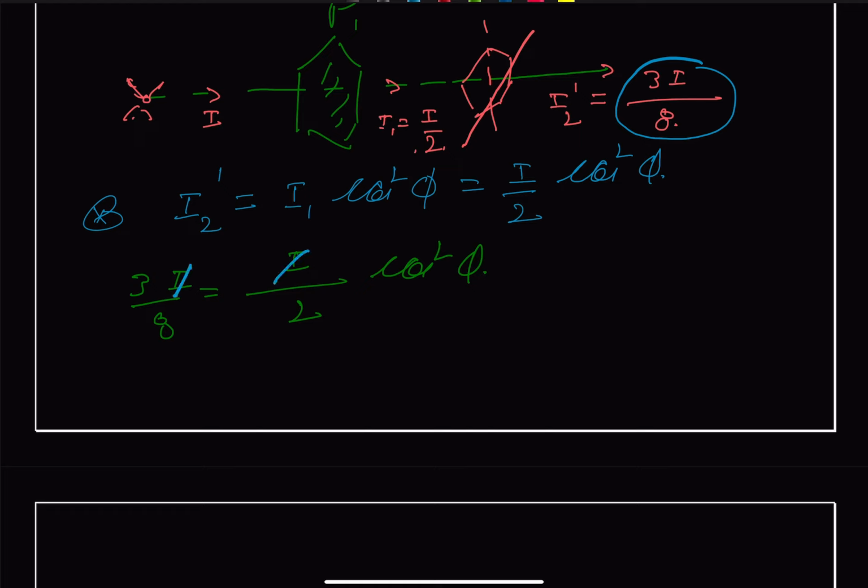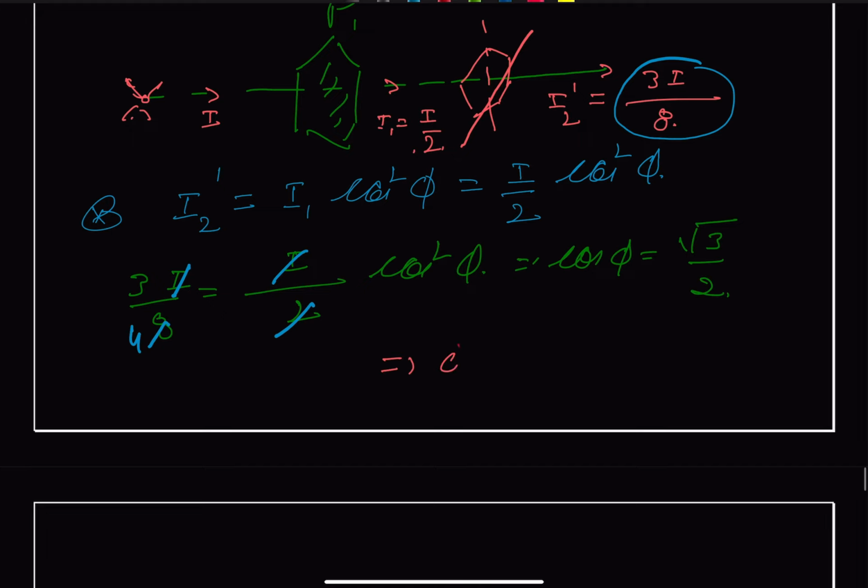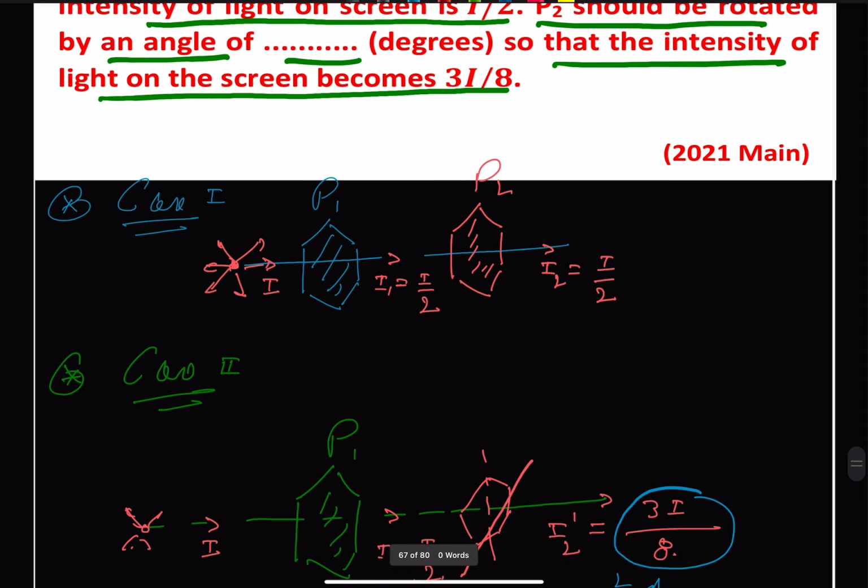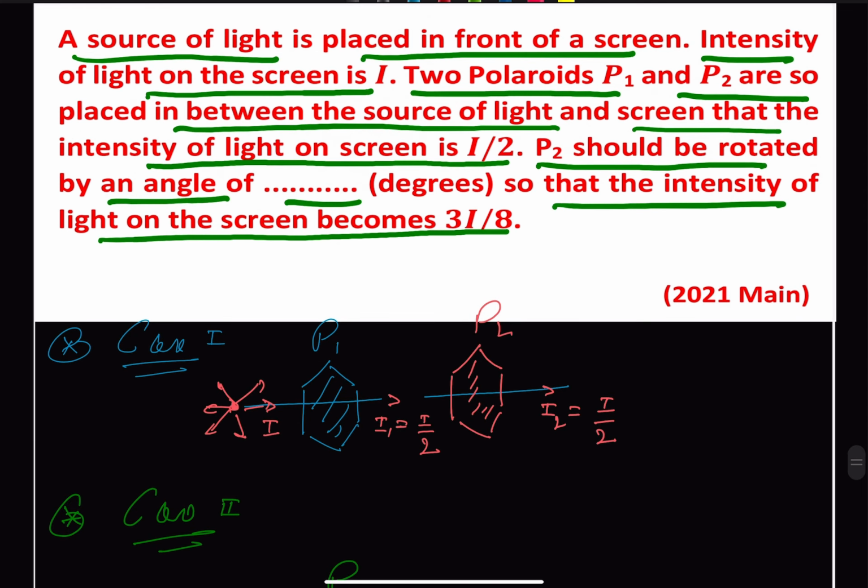Here I cancels and 8 goes by 4, so we get that cos of phi will be equal to square root of 3 divided by 2, and this gives us that phi will be equal to 30 degrees. So we have phi is equal to 30 degrees. Next question.